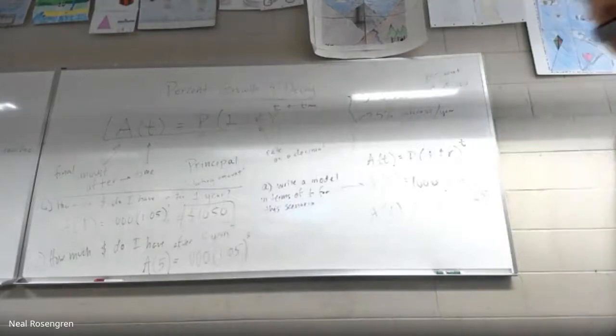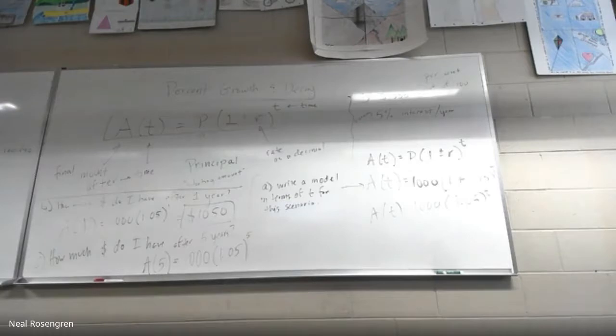And let's see what we get. The nice thing about this formula, although it's not going to work for everything, is that it doesn't work for what's called compound interest. We'll do that tomorrow. It does work for things that are just going to grow over a period of time and not change as we go. That $1,000 doesn't change. The 5% doesn't change.